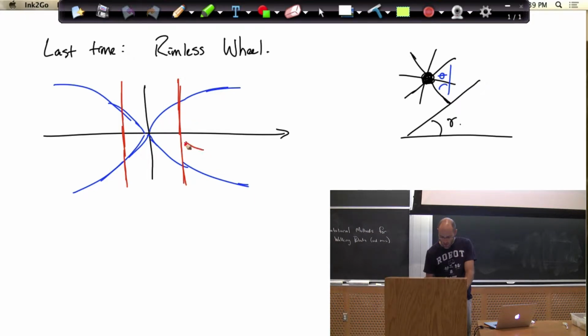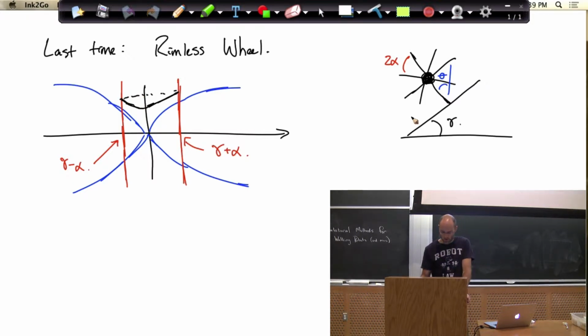So this one was at gamma plus alpha, and this one was at gamma minus alpha, where alpha was the half of the inner leg angle. And we found that the solutions to the system here were familiar. The stable limit cycle was an oscillation that looked like this, slammed its foot into the ground, and then had a reset map that brought it back to this, because we just rewrote the coordinate system around the new stance foot, and we had a stable oscillation like that.